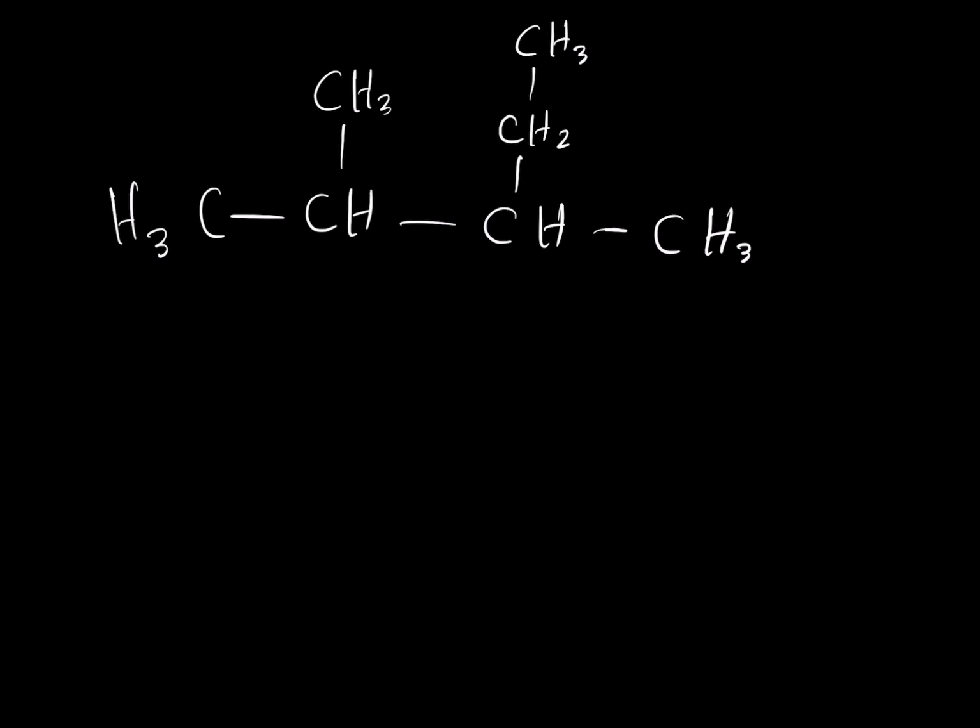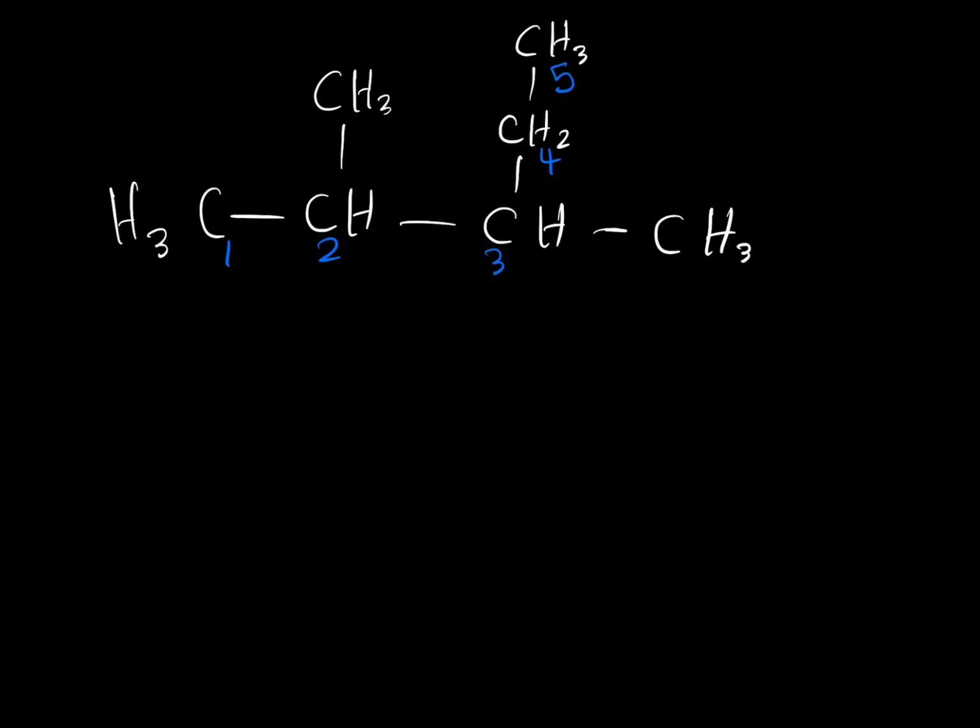So if you count the number of carbons, 1, 2, 3, 4, 5. Now, which way do we count? Do we count from this way or that way? Because this substituent is going to have a lower number than this one, from this end, we're going to count the way I just did.